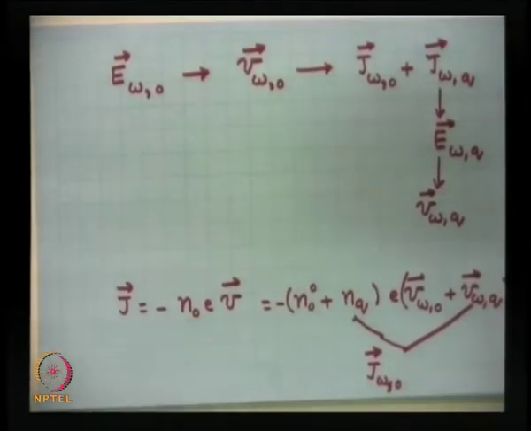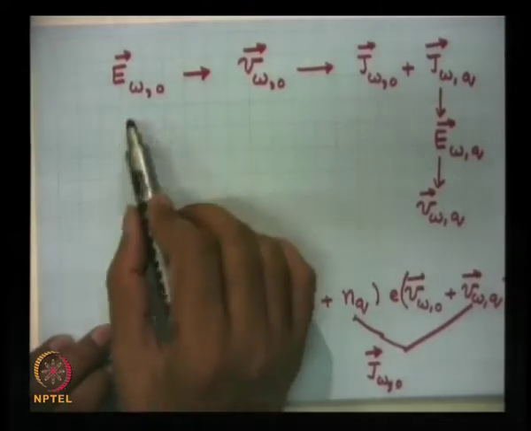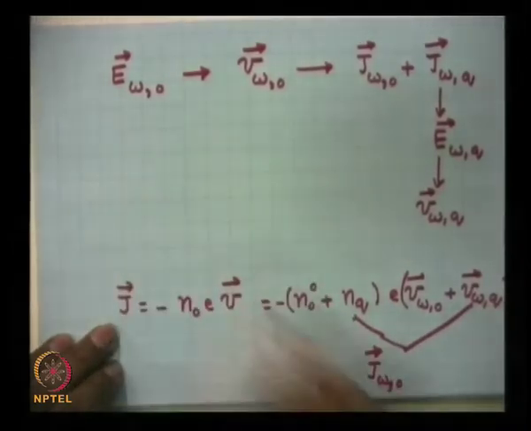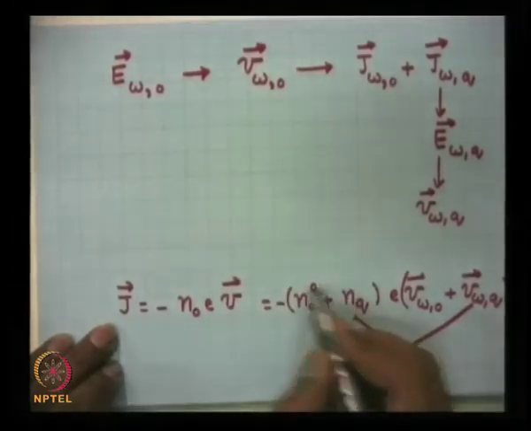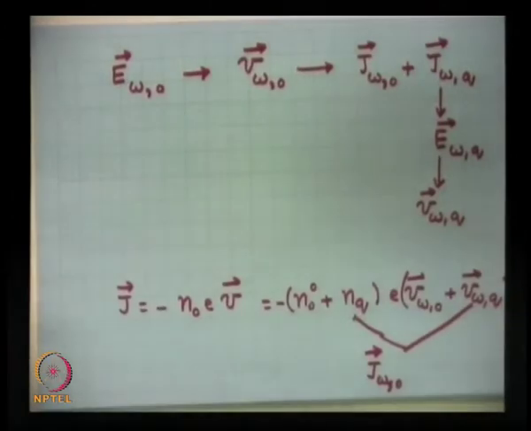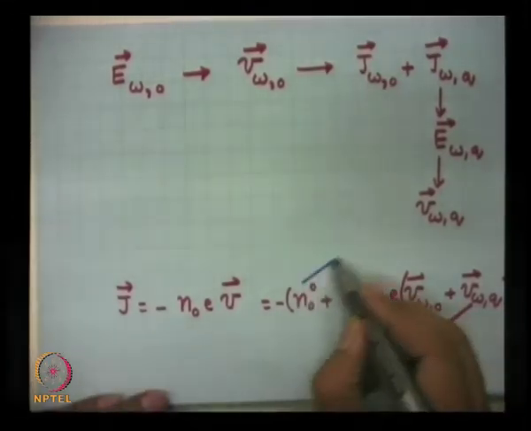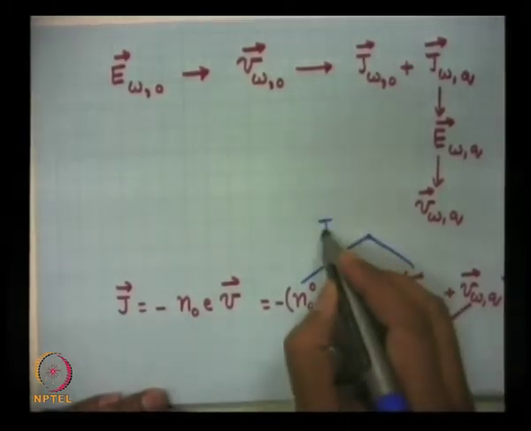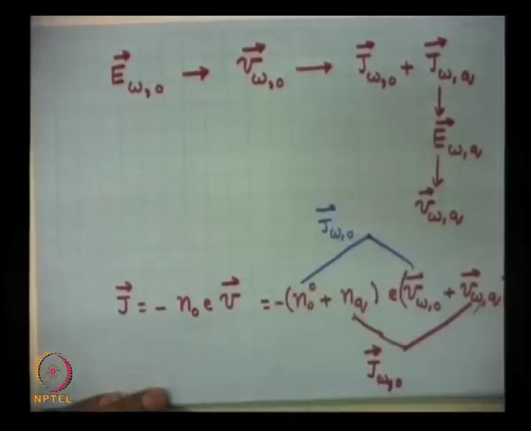So, there are two sources to produce current at omega frequency, at the frequency of the wave, and wave number of the wave, omega frequency and 0 wave number. One is the product of N00 and V omega 0. This product will give rise to J omega 0, and then this new product will be there.